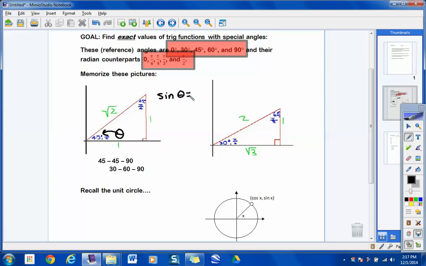What would you tell me in this triangle on the left? What would you say? What over what? Sine of this angle right here. What's the opposite leg? 1 over the hypotenuse of what? 1 over the square root of 2, which would be what value? Okay, so this is equal to 1 over square root of 2, which is root 2 over 2 after I rationalize the denominator.